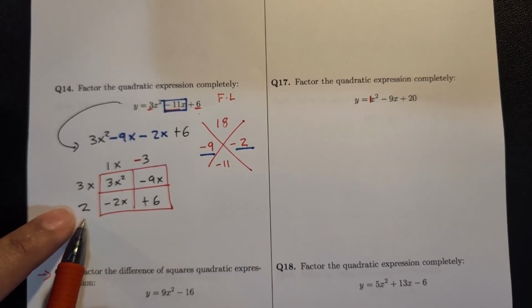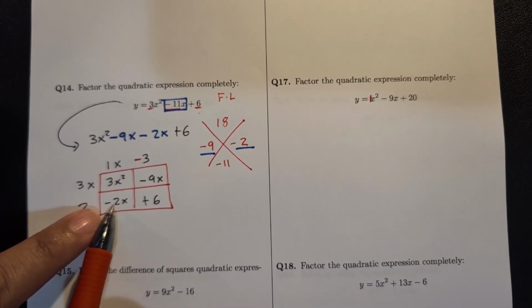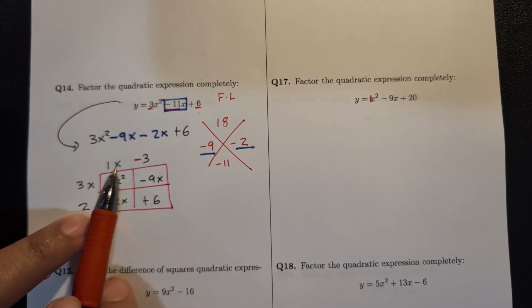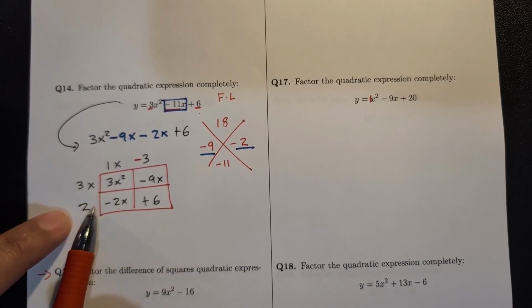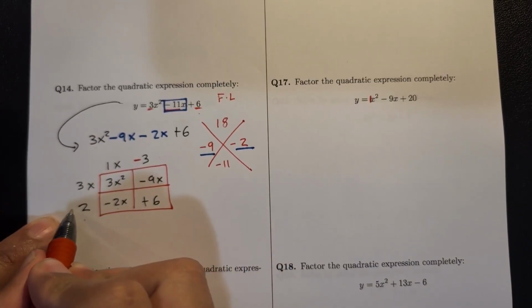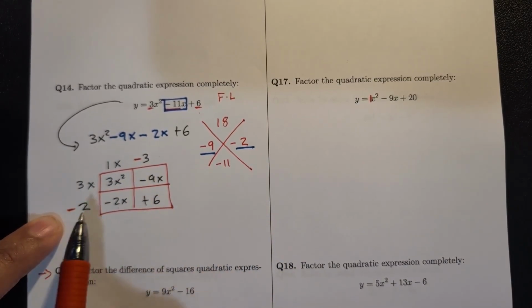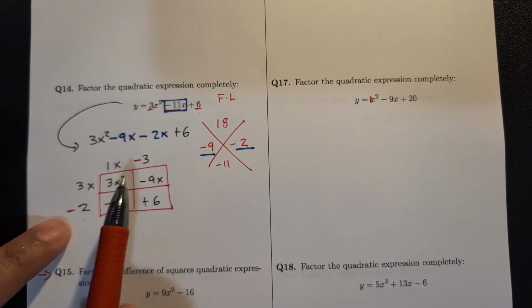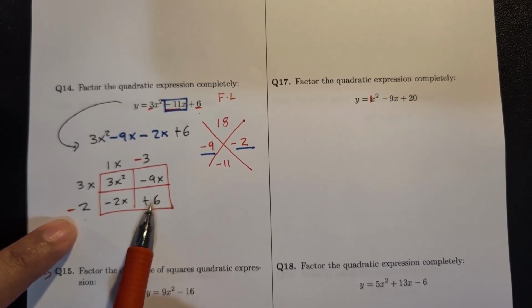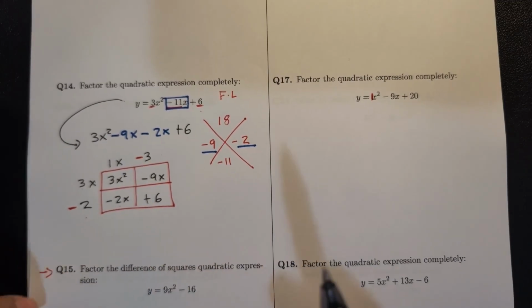1x times 2 gives me a positive 2x. That's not what I have here. So to make it a negative, again, I cannot change this one. I need to change the sign on this. So this one becomes a negative. And to make sure we did this correctly, a negative 2 times a negative 3 should be getting us a positive 6.